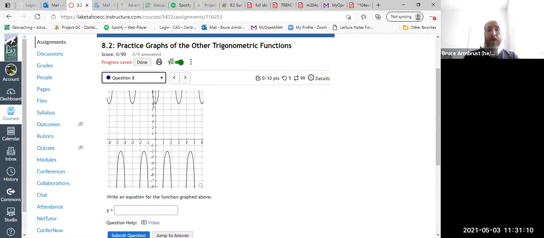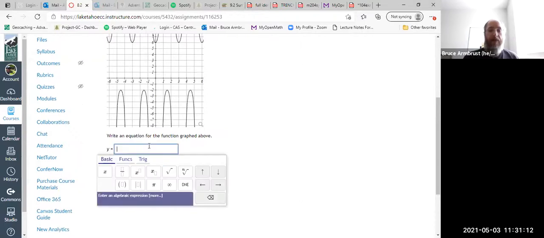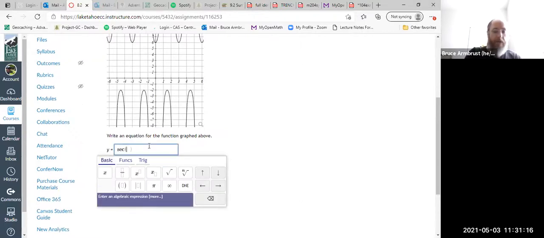Okay, so if I use secant of x, and I'm just going to start typing some stuff in here to keep track of where we are, that way I don't have to do a horizontal shift. But this is not sufficient yet, right? There is probably more.